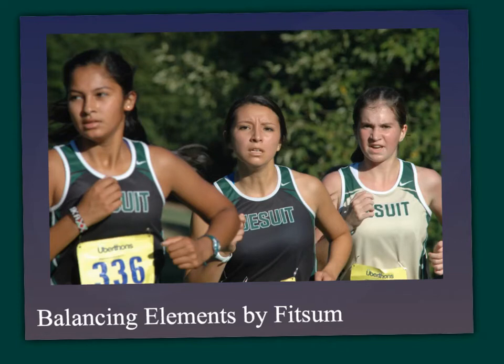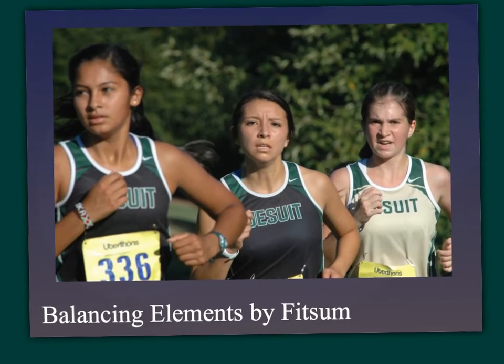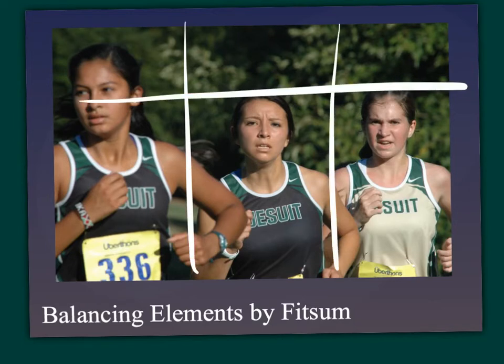Here's a nice example from Fitsum, who was a student two years ago. He took this nice picture of cross-country runners, which illustrates nicely a balancing element. Now, in this case, you might say, well, isn't it bad because she's right in the middle on that rule of thirds? But that's not exactly true because, in this case, the composition looks sharp and, as we can tell, you have a nice balance between all three people here.